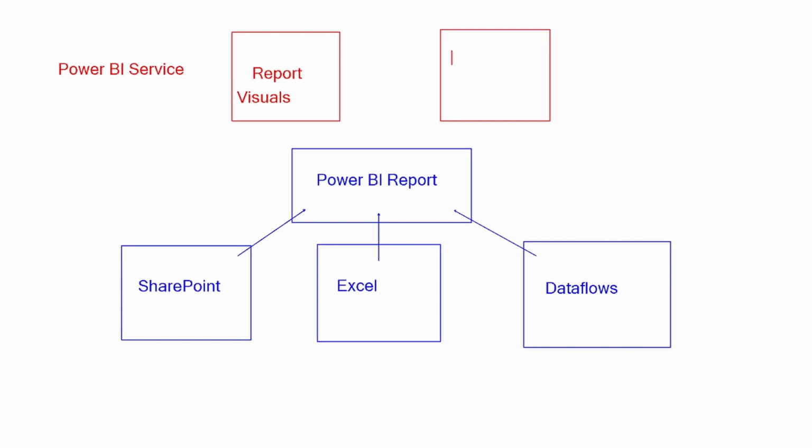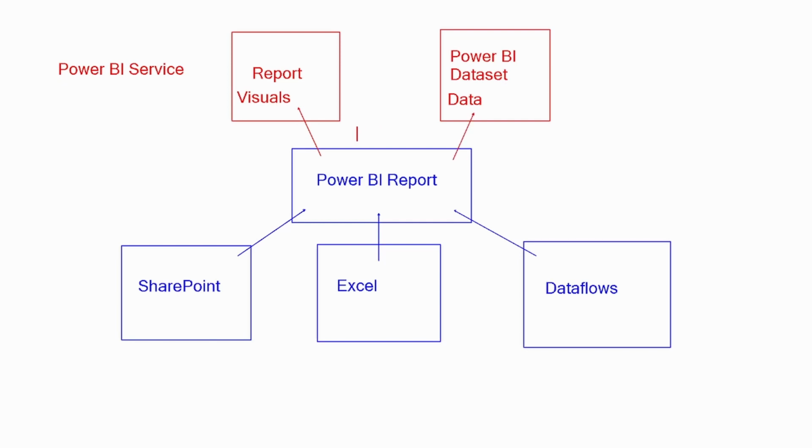The other part is what's known as a Power BI dataset. This is the actual data inside of the report. This is a way for Power BI to manage the data that's published out into the Power BI service. So when we publish, it's going to separate them into two.